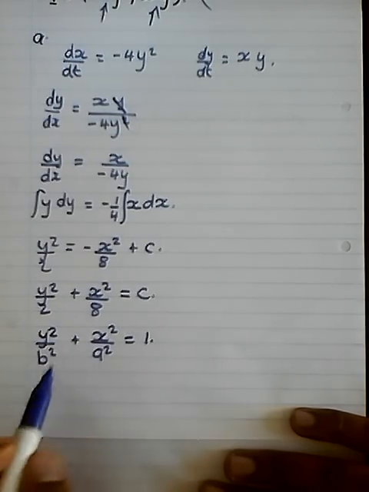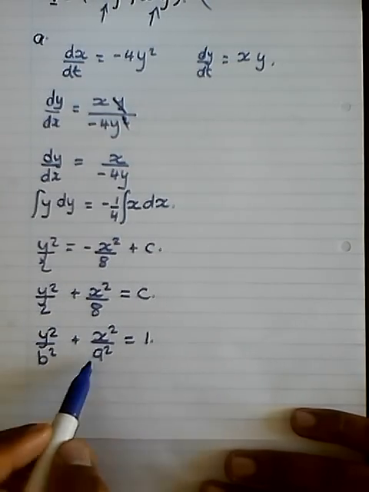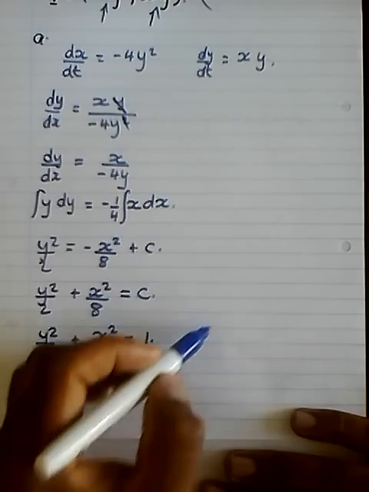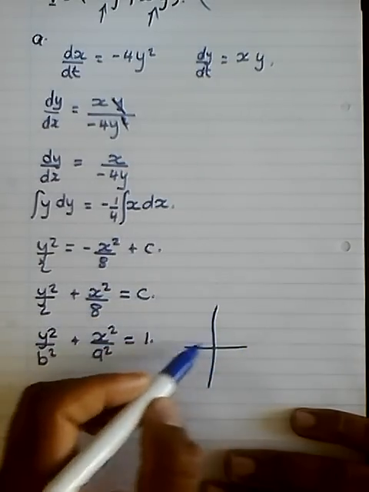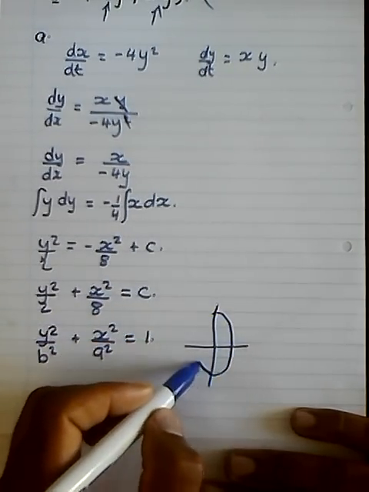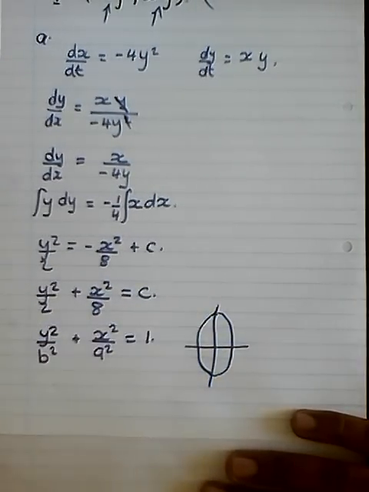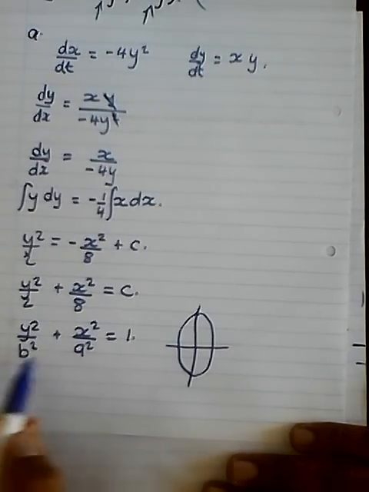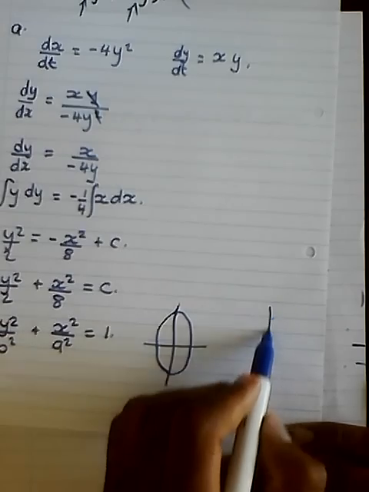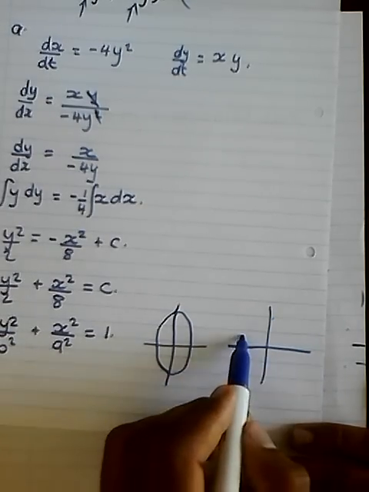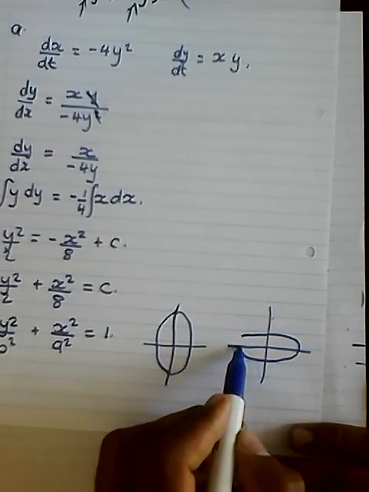When b is greater than a, you're going to have this kind of ellipse, and when a is greater than b, you're going to have something like this.